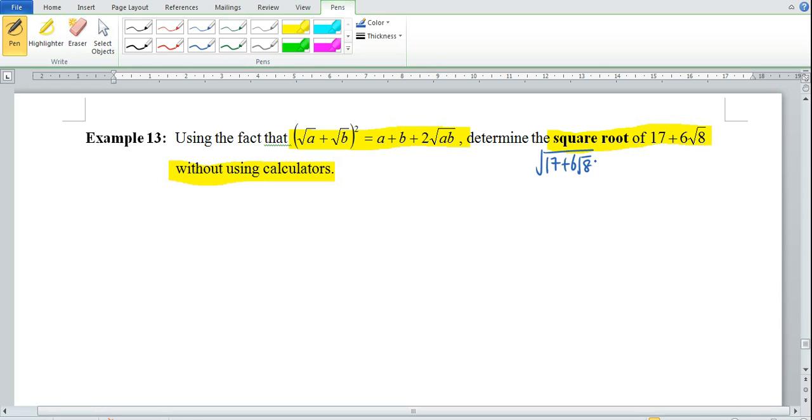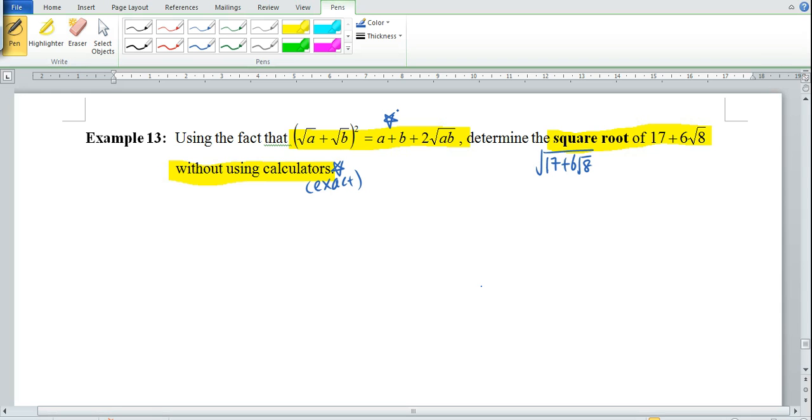But they mentioned that it has to be done without using calculators, meaning they want the exact answer. And they somehow give you one more clue.